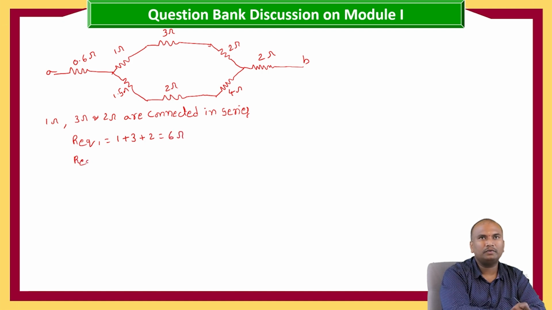And R equivalent 2 is equal to 1.5 plus 2 plus 4, which is equal to 7.5 ohms.